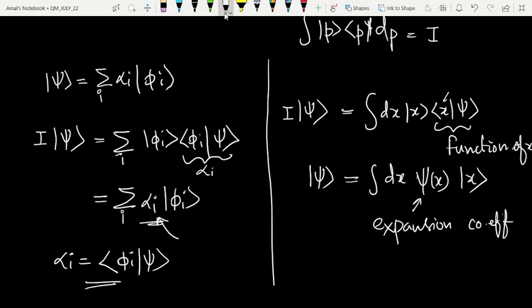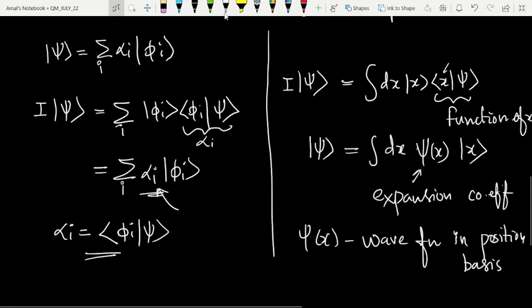Okay. And this function is known as the wave function in position basis.